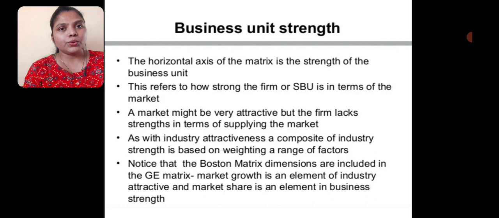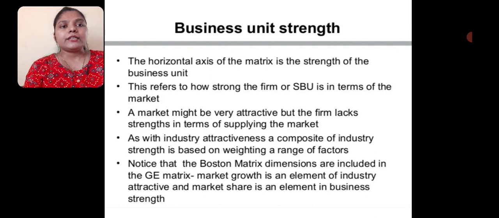Then business unit strength. The horizontal axis of the matrix is the strength of the business unit. This refers to how strong the firm or SBU is in terms of the market. A market might be very attractive, but the firm lacks strength in terms of supplying the market.